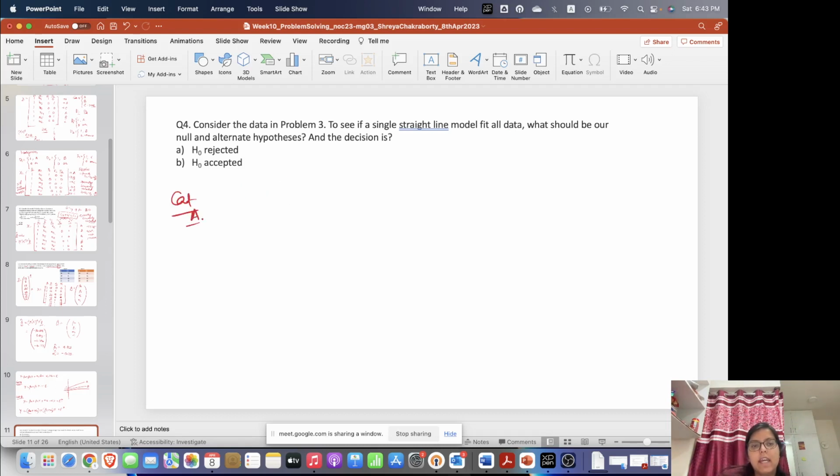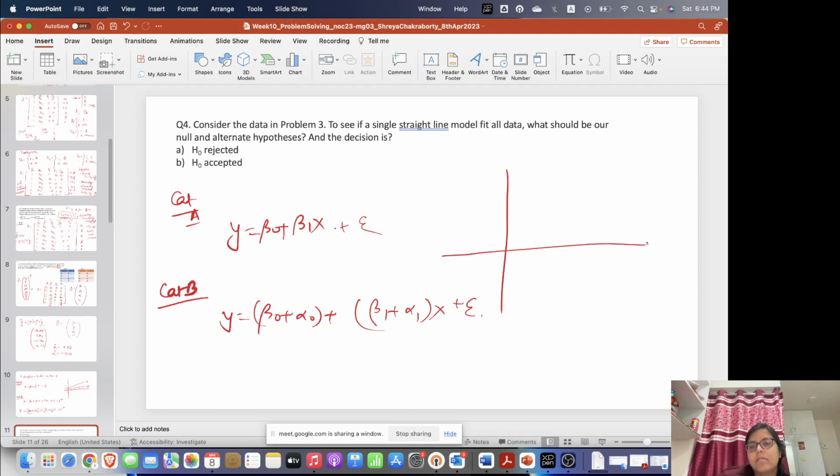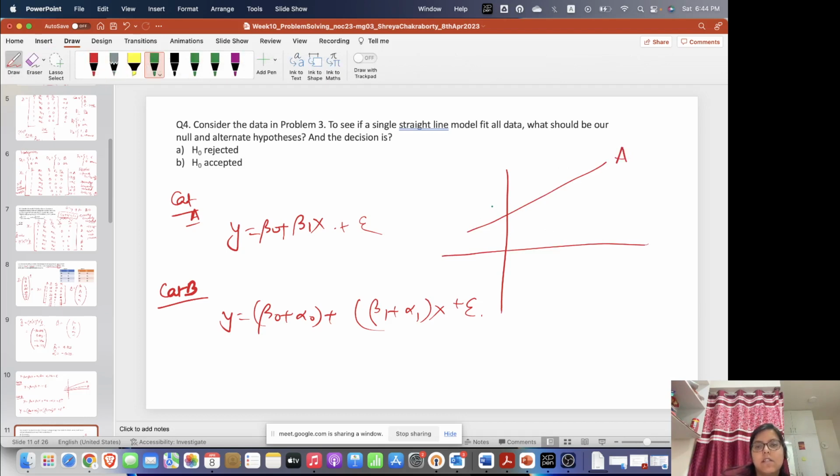For category A, we have y equal to beta naught plus beta 1x. For category B, we have y equal to beta naught plus alpha naught plus beta 1 plus alpha 1x. This is category A, and let's say this one is category B.